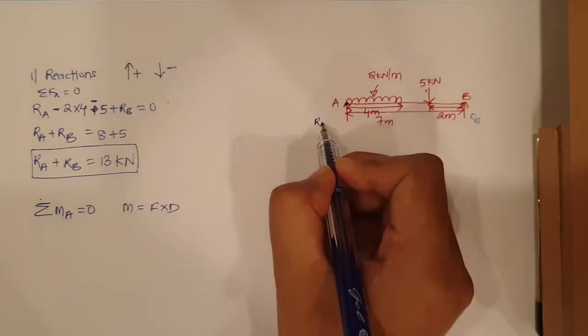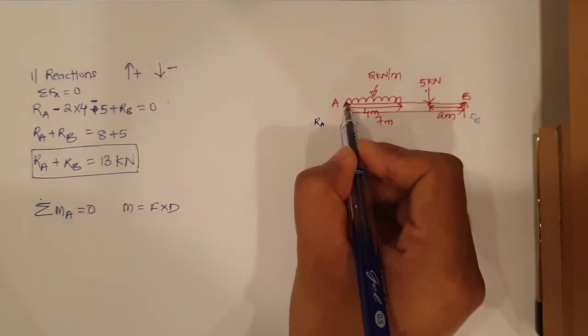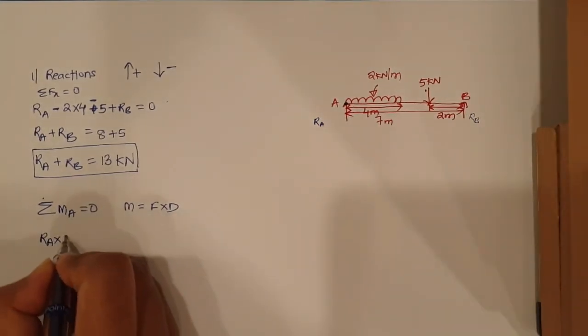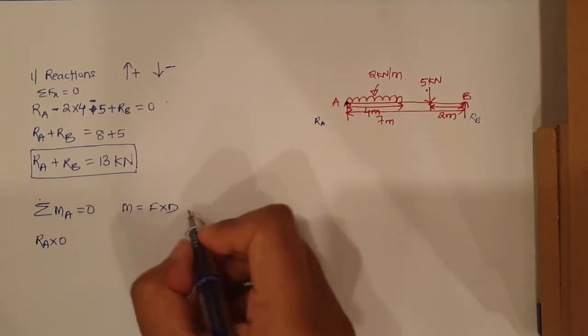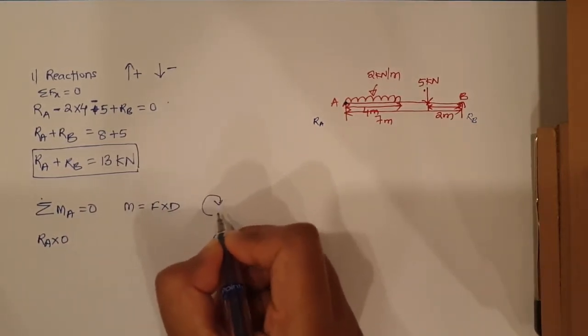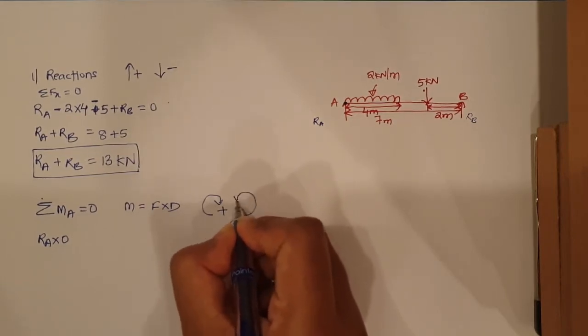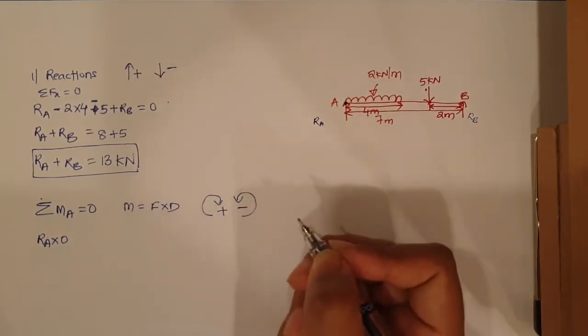I have RA first, and since this is my starting point the distance is 0. Remember, forces going in the clockwise direction we take as positive, and forces going anti-clockwise we take as negative.